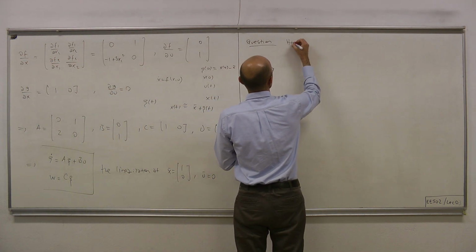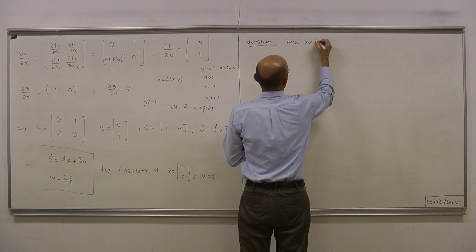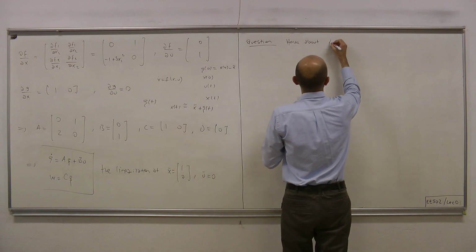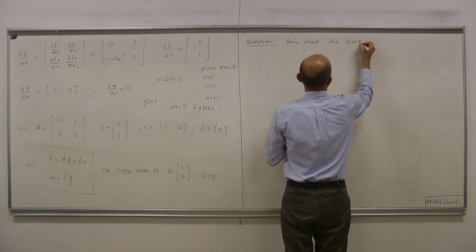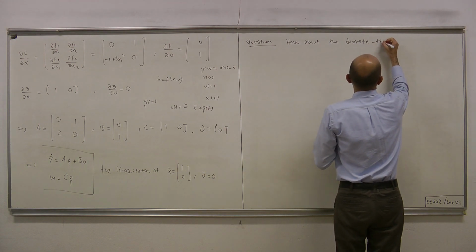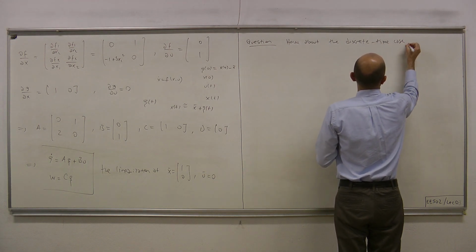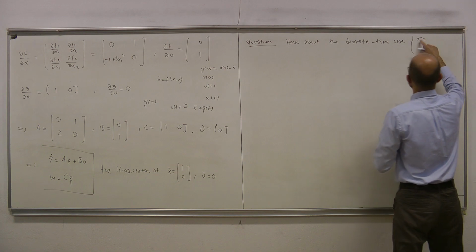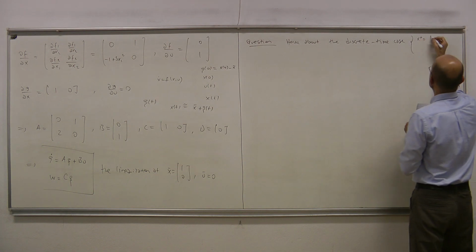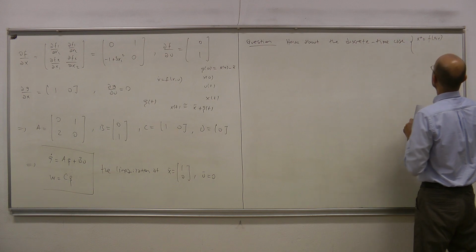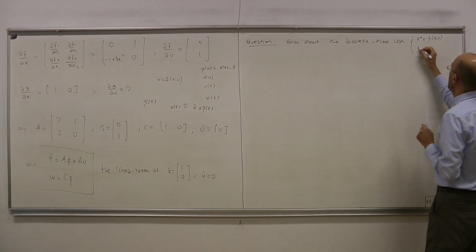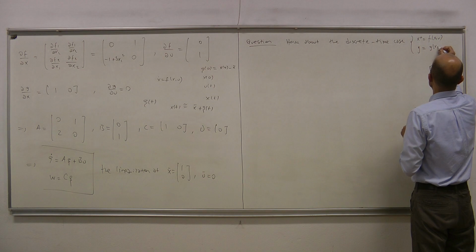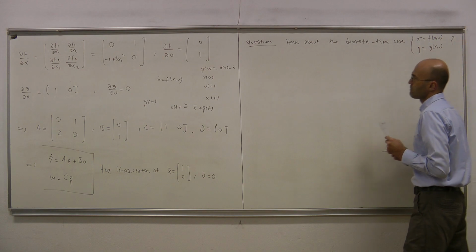How about the discrete time case? The value of the state at the next time instant, x plus, is given by this map, let's say f of x, u, and y equals g of x, u.